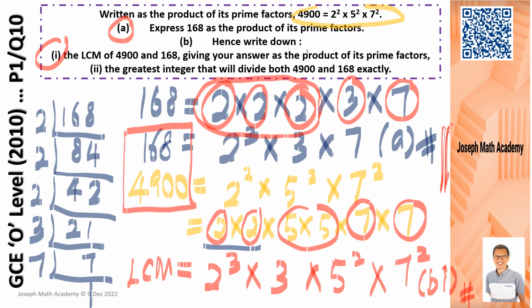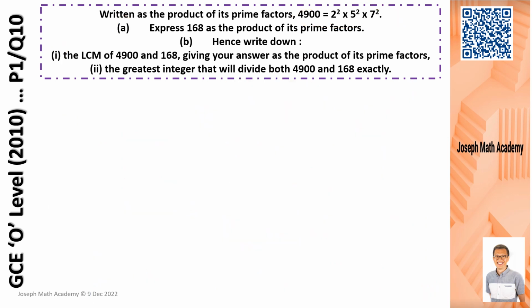Next, I'm going to do B part 2, which is asking for the greatest integer, in the next slide. Greatest integer here means it must be a whole number. We will know more about integers in the later part of our chapters. And it has to be able to divide these two.